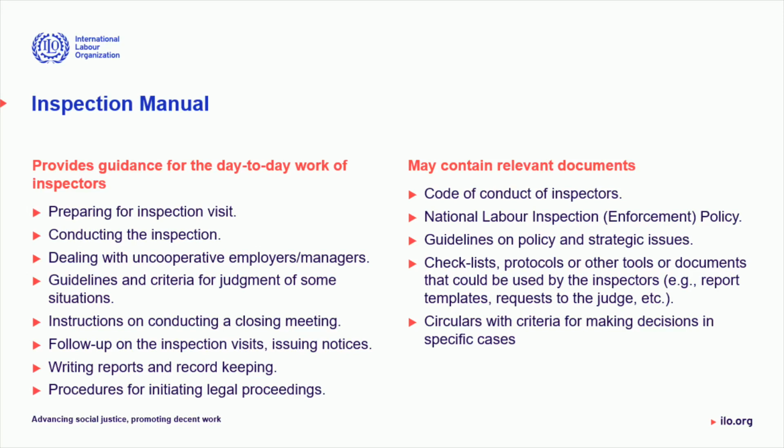As a tool for the labor inspectorate, the manual is the way in which the institution puts in practice the political statements and guidelines included in the National Labor Inspection Policy. The manual normally details the operations of the inspectors on the basis of the explicit or implicit policy guidelines.